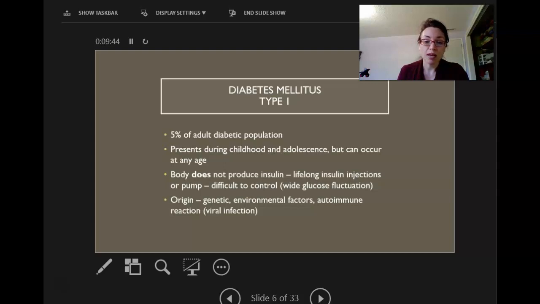The origin of type 1 diabetes can also be an environmental factor, an autoimmune, or a viral infection, which are things they're looking into to try and understand why type 1 diabetes happens. Typically, it happens in childhood or adolescence, but it could happen at any time during life, but generally it's younger people who start to express that first.